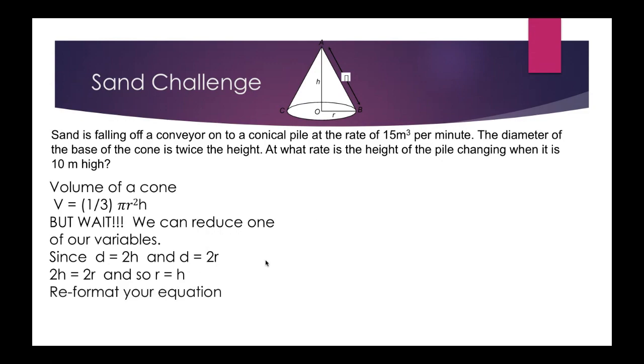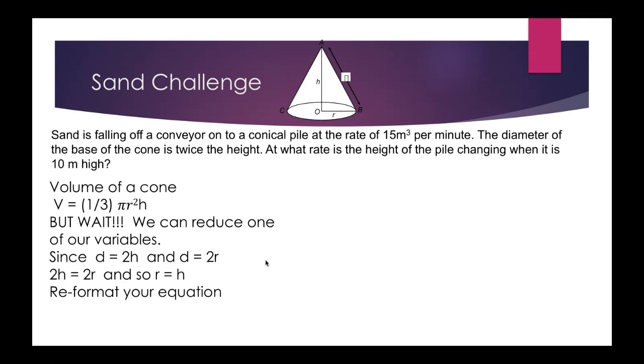Reformat your equation. If r is the same as h, now which one do we change? Do we change all our r's into h's, or do we change our h into an r? Go back to the equation. Notice what I asked you to find? At what rate the height of the pile is changing. Since I'm asking what the height of the pile is, I need my h's.